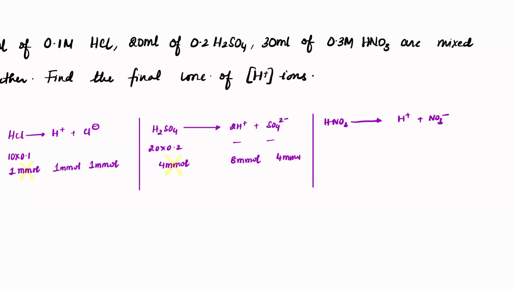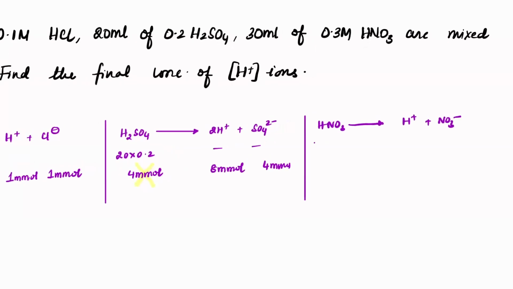Right, so check what is given. It is given as 30 ml into 0.3, which makes it 9 millimoles. So the entire 9 millimoles will ionize into 9 millimoles of H plus and 9 millimoles of NO3 minus.